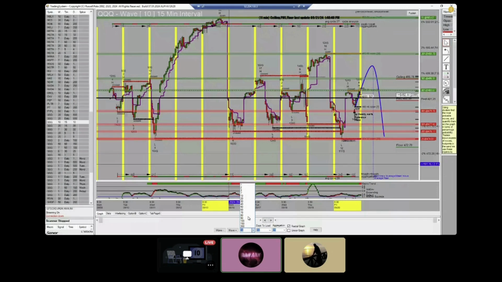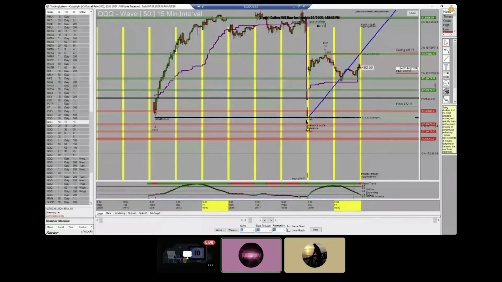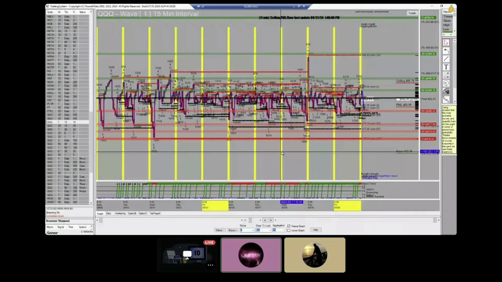It is the same rule for the lower number of waves. The higher the wave number you use, the lower the number of transitions you will see on your chart. The lower the wave number you use, the higher the number of transitions you will see on your chart.